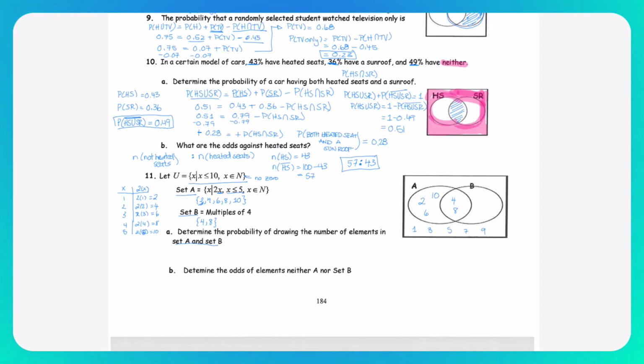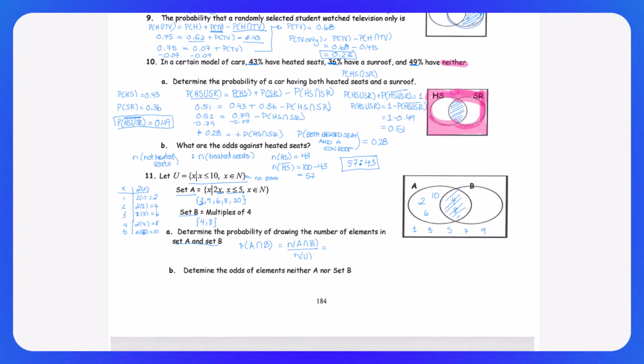So we're asked to find the probability of set A and set B. So really what we're being asked to find is the probability of A intersect with B. So we're finding this region here. Well, first of all, we have to find how many numbers are in that region, divided by the total number in the universal. Well, how many numbers are in there?